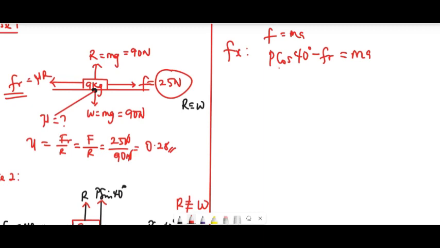Cos 40 is 0.7660. So I have 0.7660P minus Fr, everything equal to 0, because acceleration is equal to 0.